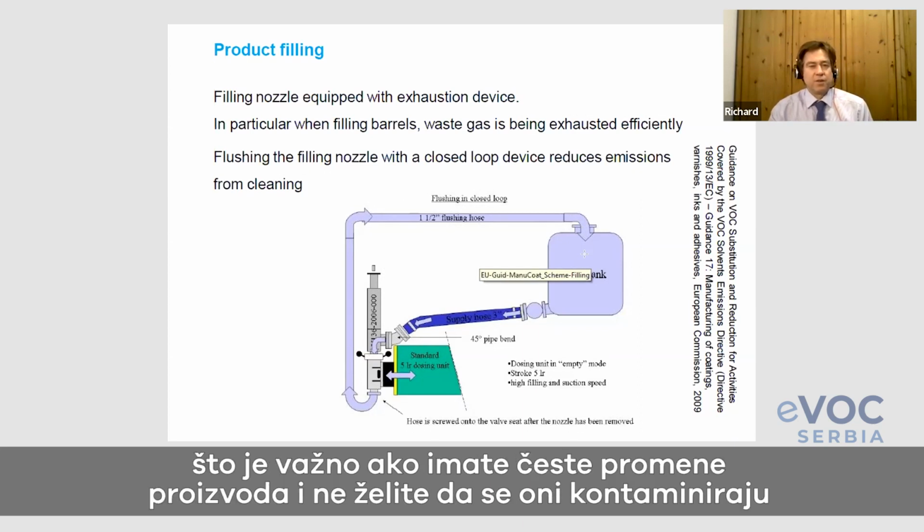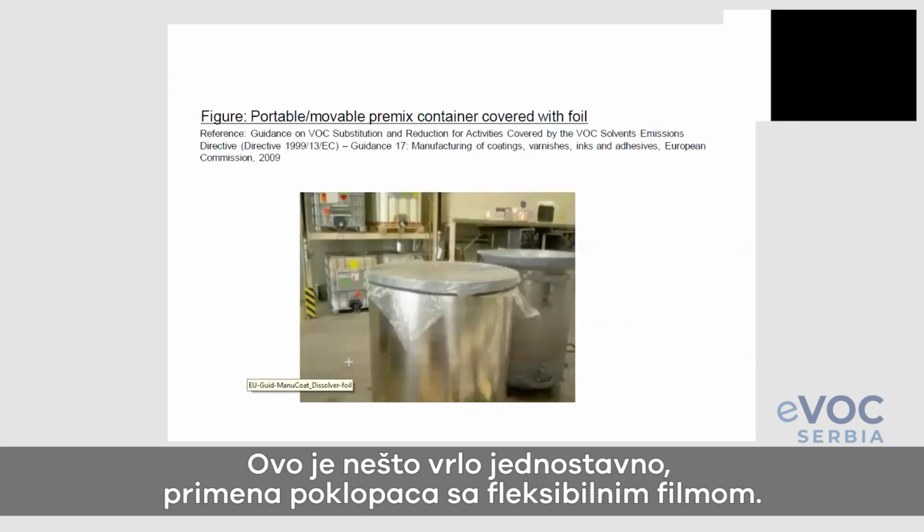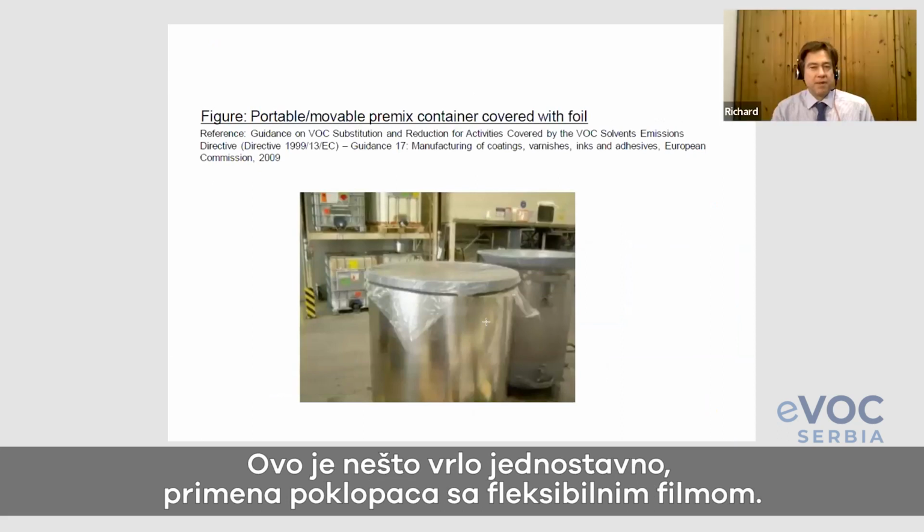That's important if you have a lot of product changes when you fill, and you want to make sure the products are not contaminated. So you can apply a closed flushing loop for the filling of the products. Or here is something very simple, just to use a cover with a flexible film.